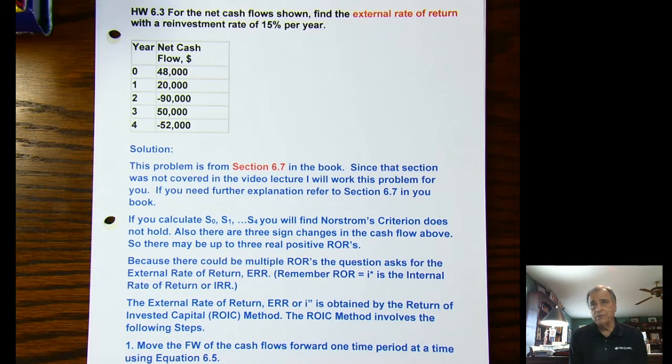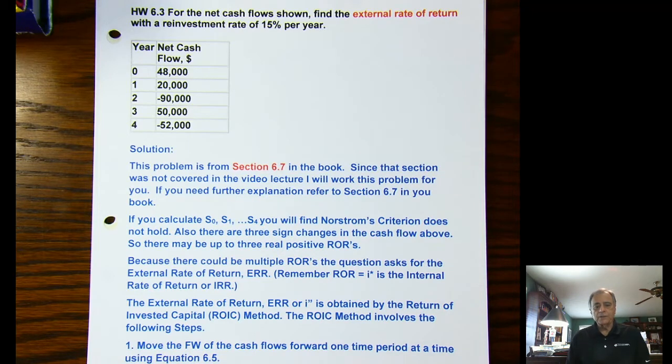So I would have removed it, but rather than doing that, I'm going to work this problem in detail and essentially show you how to do external rate of return, and you'll also have the answer to the question.